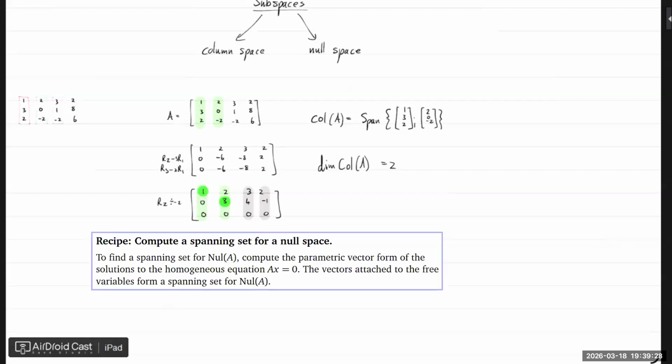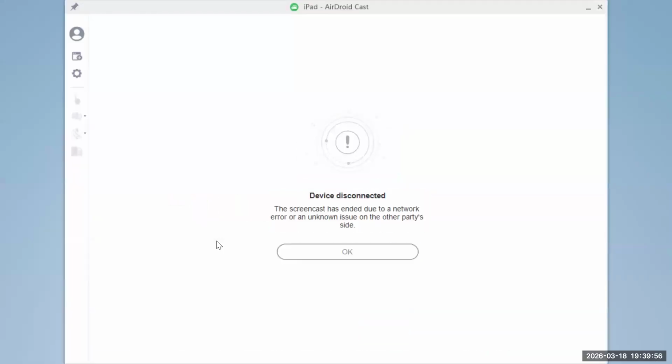To calculate the null space, so let's say we are still busy with this one. So let's say I just want to equate this to 0.